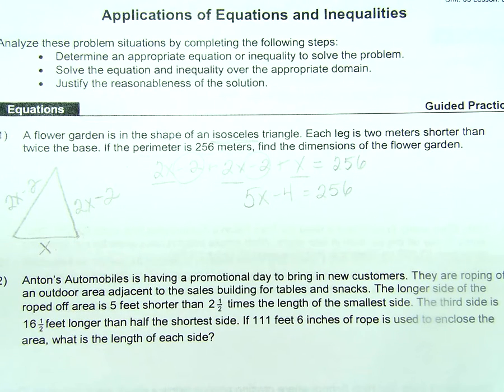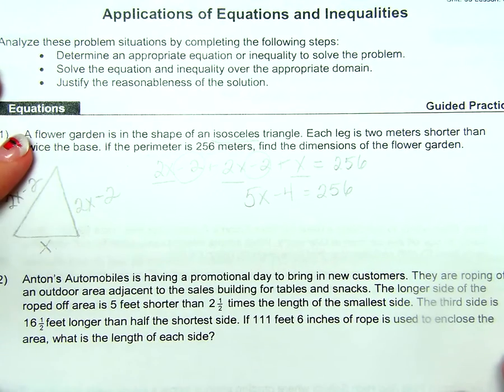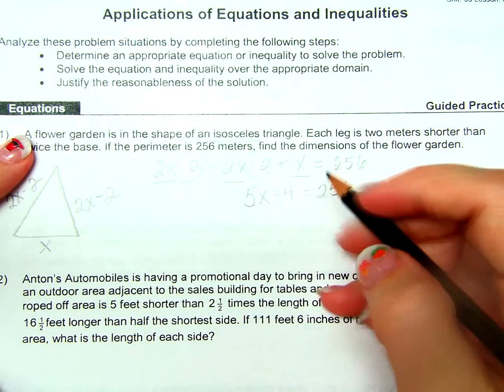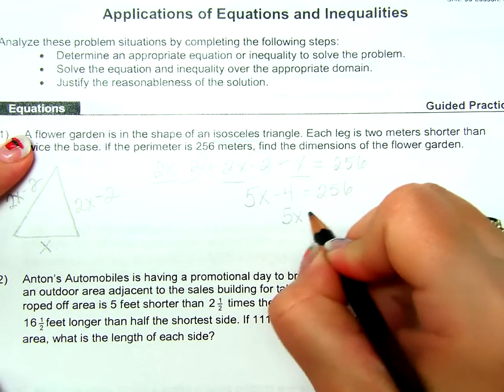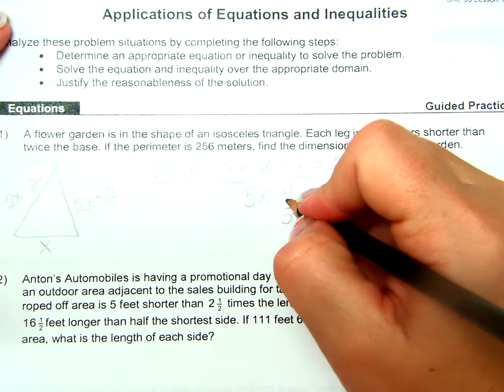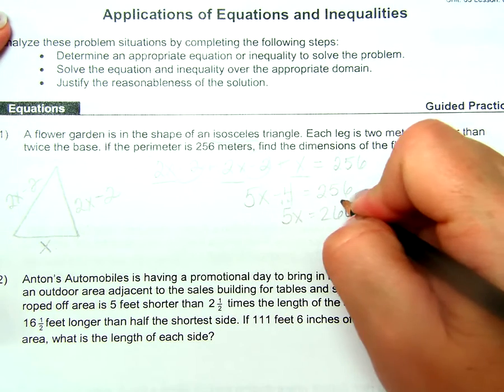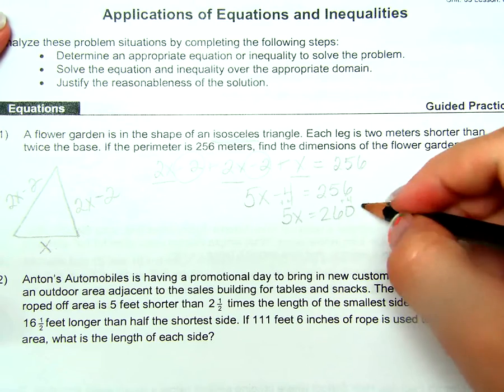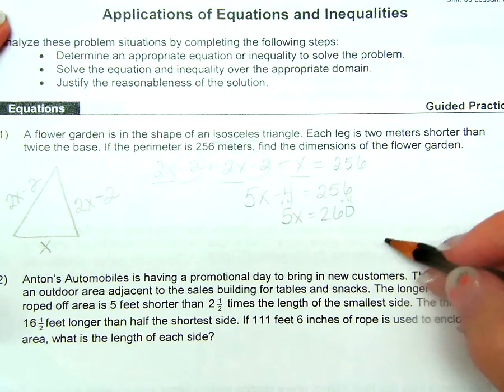What's my next step? Add 4. Oh my gosh, I skipped a step. We've been doing this baby step the whole time. Add 4, add 4. If you really need to write that, please write it.